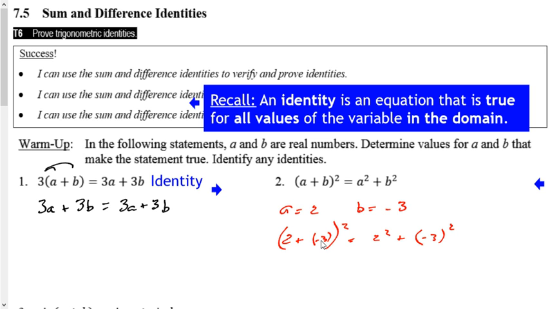So here I'll have a -1 squared is 1. Here I'll have a 4 plus 9. 1 does not equal 13. So that's enough to tell me this is not an identity. Because as I look at the equation that we have, there are no implied restrictions on what A and B can be. So they could be any real number. So that one, not an identity.